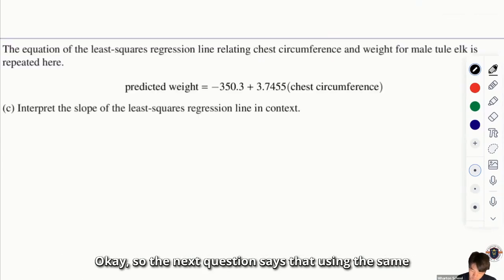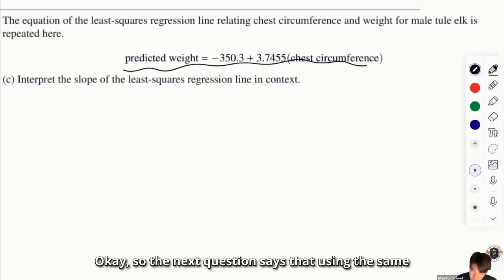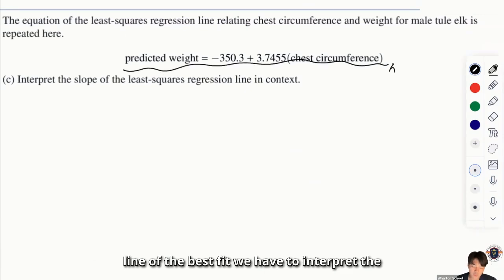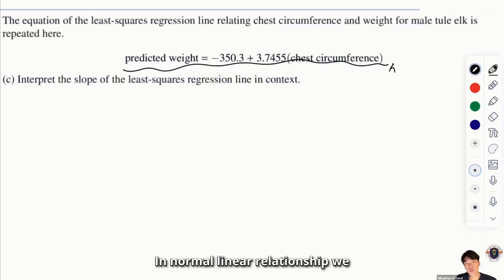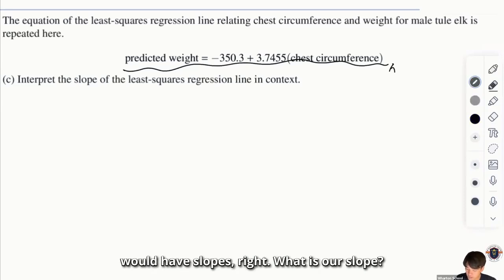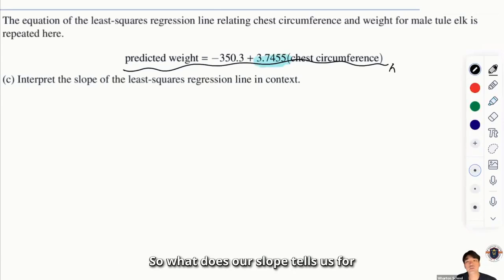The next question says that using the same line of best fit, we have to interpret the slope of the least squares regression line in context. In a normal linear relationship, we would have slopes, right? What is our slope? This is our slope. So what does our slope tell us?